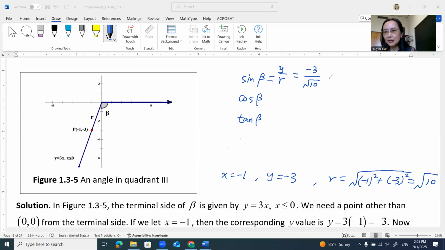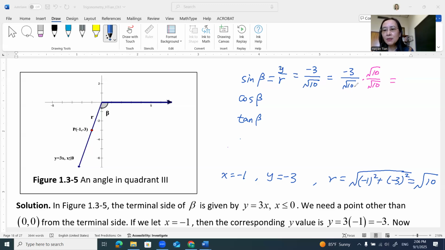But we don't like to have an irrational number in the denominator. We want to rationalize it. How? We just want to multiply both denominator and numerator by a square root of 10. It's like multiplying by 1. So we don't change the value, we just want to make it look nicer.